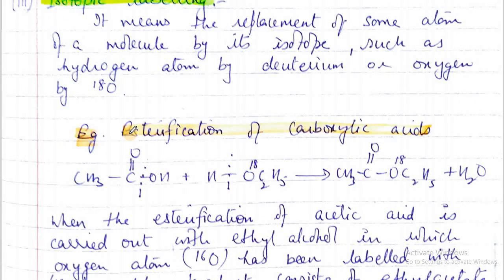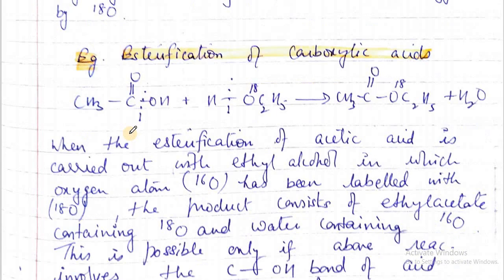Example, in the esterification of carboxylic acids, we replace the oxygen of the alcohol by oxygen 18. That is, this oxygen is not a normal 16 oxygen, it is its isotope, that is 18 oxygen. Now, is this oxygen present in the ester or not? It indicates the breaking of a bond.